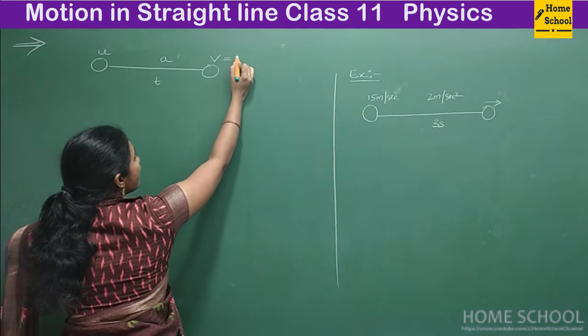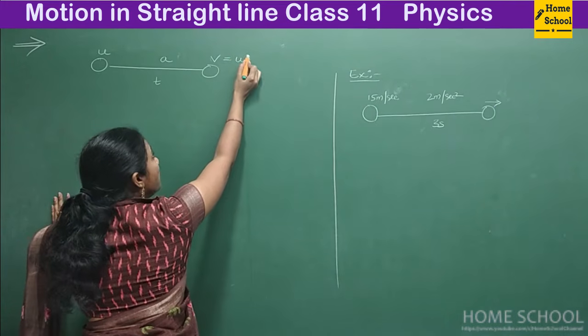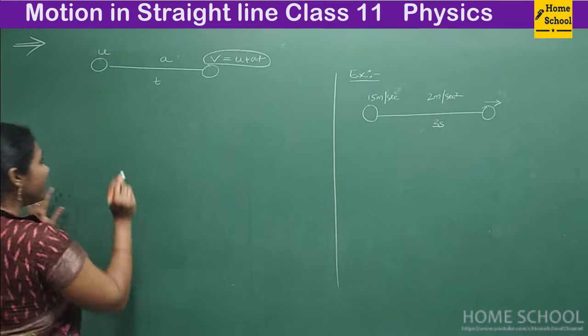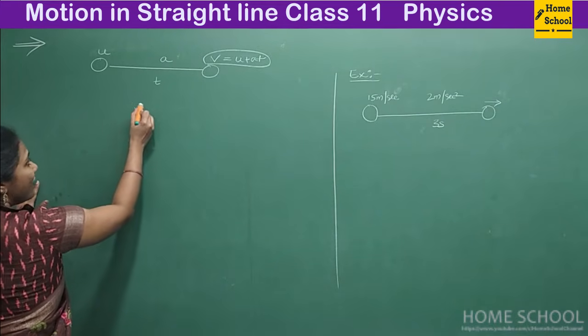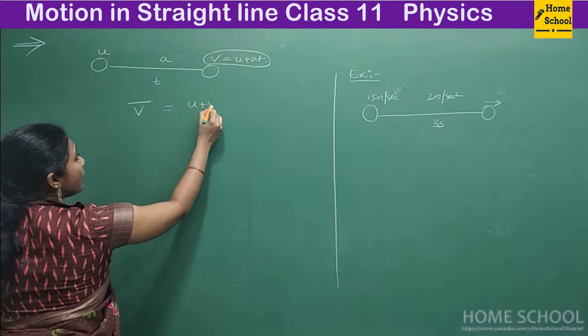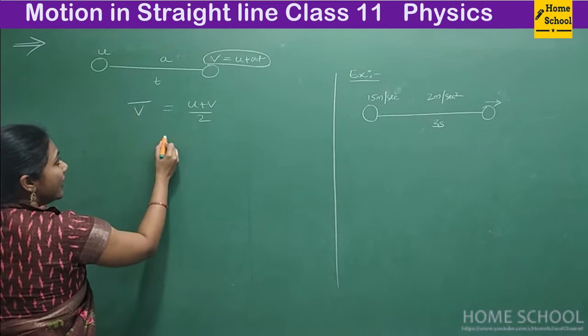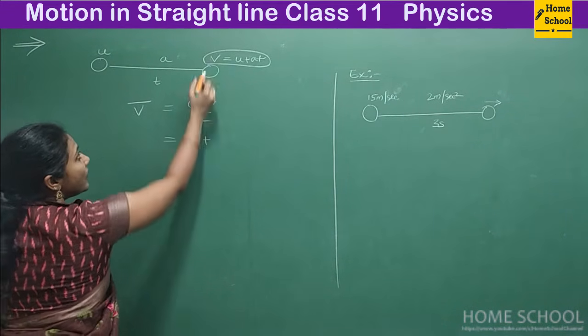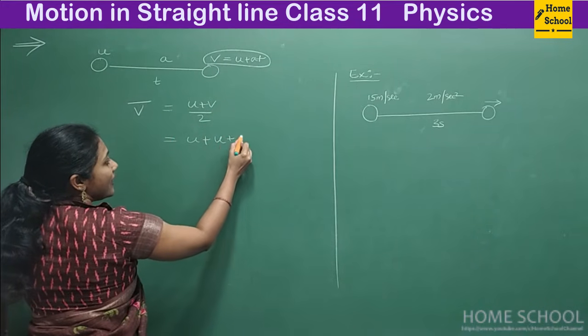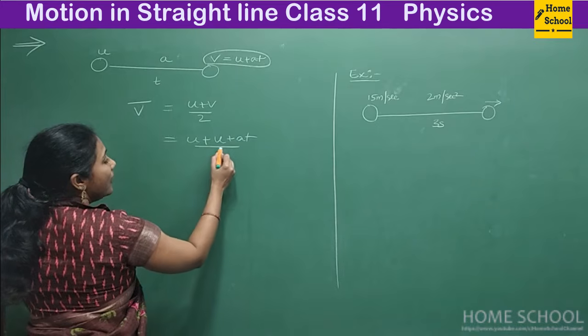Final velocity v = u + at, right? We know this. And we know how to calculate average velocity. Average velocity is just (u + v) divided by 2, right? So in u + v, instead of v, I can put u + at, divided by 2.